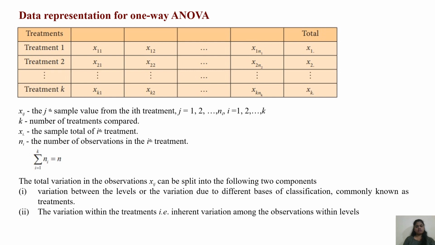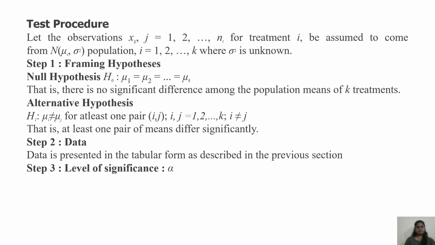The total variation in the observation Xij can be split into the following components: variation between levels, that is variation due to different bases of classification or common treatments, and the variation within the treatments, that is inherent variation among the observations within the levels. Let's see the steps.